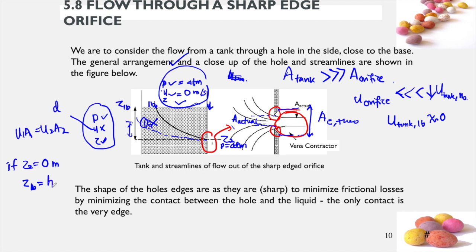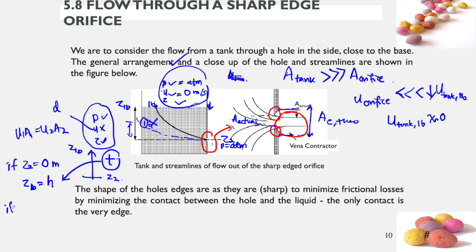But here we need to take a look at the points. This is Z1B and we have Z2 here. If Z1B is above Z2, then you have to substitute a positive value, so positive h. We just replace it with h.